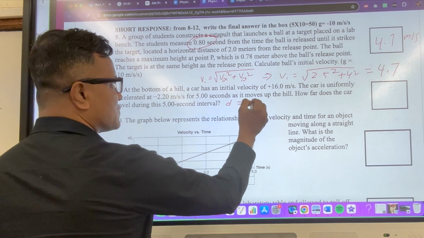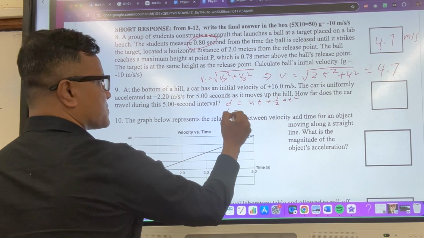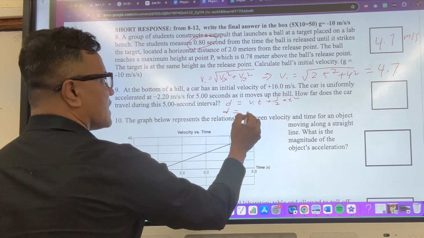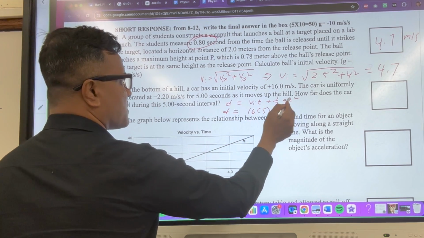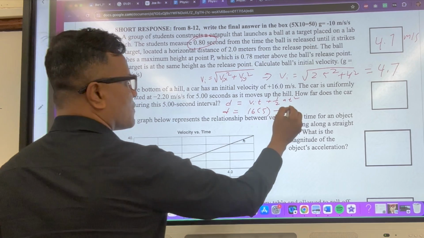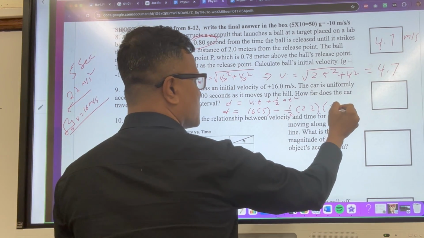Meanwhile, d is equal to vit plus half at squared. So this is one of the easiest problems. Vi is 16 times 5, and then minus, why minus? Because acceleration is negative, 1 over 2 times 2.2 times 5 squared, which is 25.